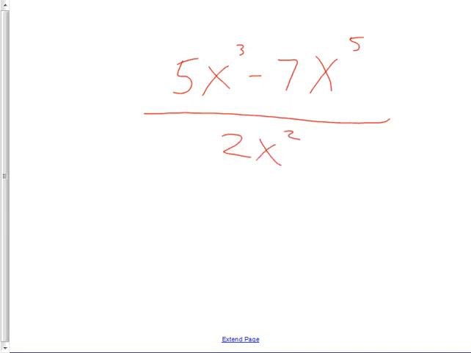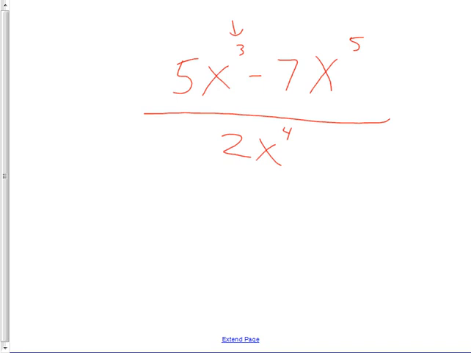Okay, let's say I had 5x to the third minus 7x to the fifth all over 2x squared. Well, that makes it pretty obvious. How about if I make it 2x to the fourth? Now, is it bigger on top or bigger on bottom? Bigger on top, but isn't the top degree 3?